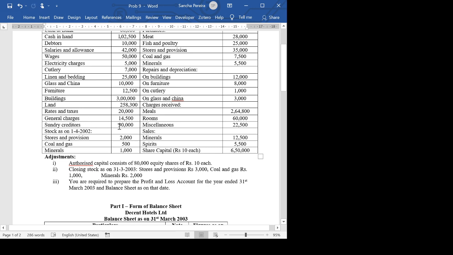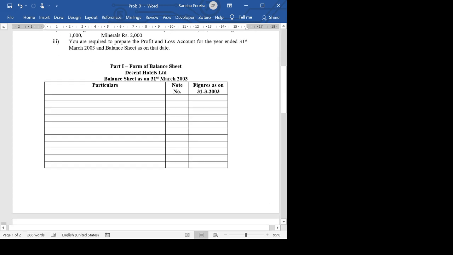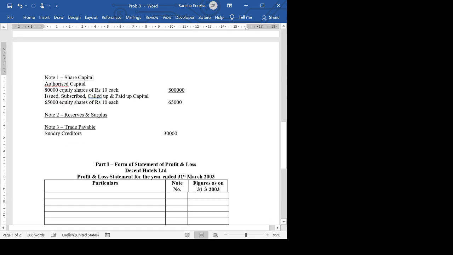So short-term borrowings, we didn't have anything. Trade payables, we had sundry creditors. Then we have other current liabilities. Under that also we don't have anything. Then we have short-term provisions. Again, we don't have anything under it. So we just had one note, just of trade payables.